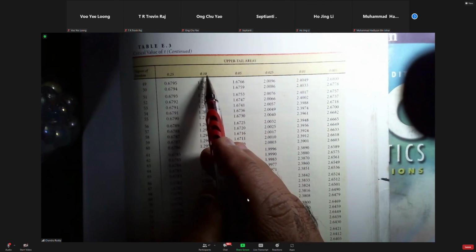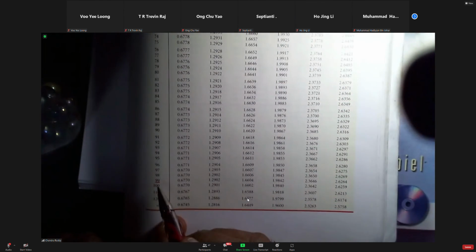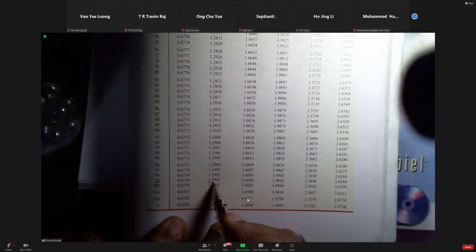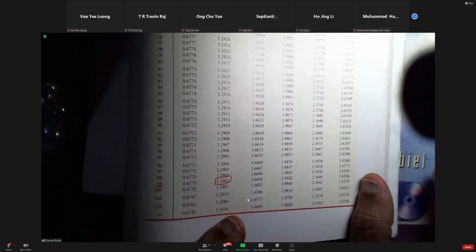So for 99 and 0.10, the value is 1.2902. So you can find this from the T distribution tables.